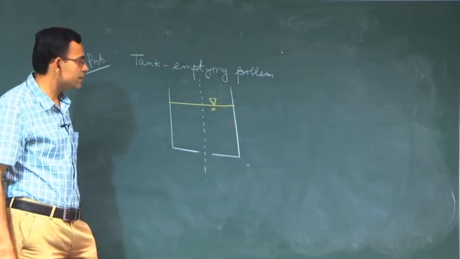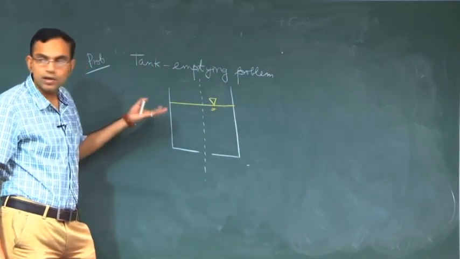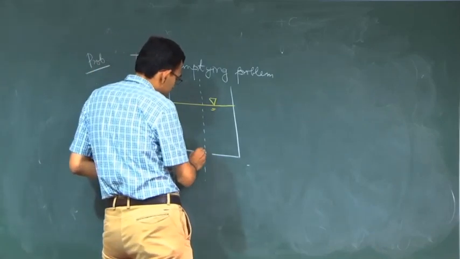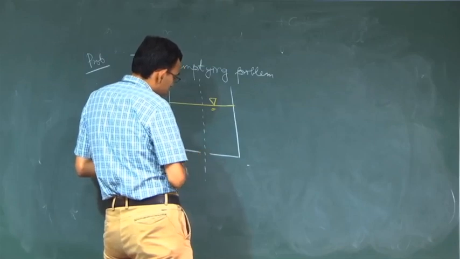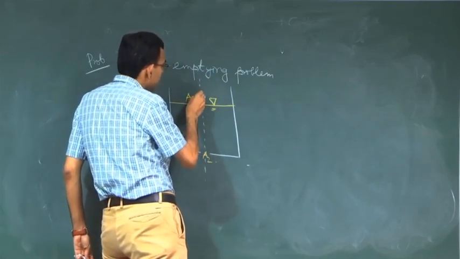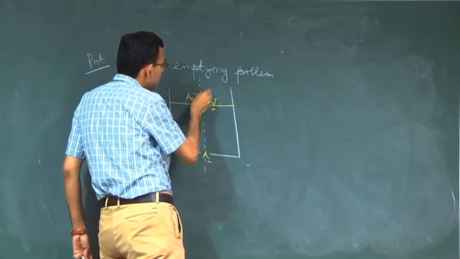There is a free surface of the fluid, say water as an example, and there is a small hole with area A2, which is much smaller than A1.